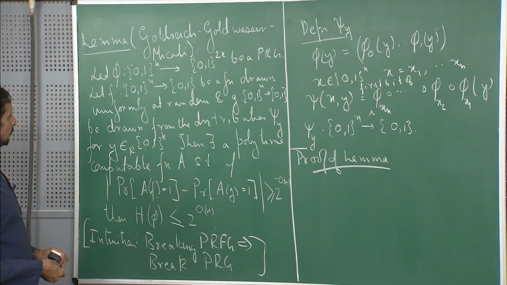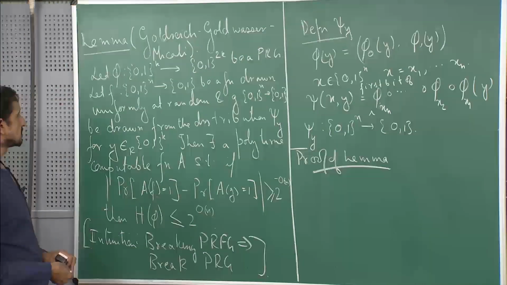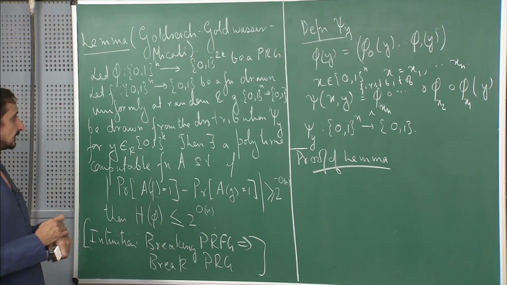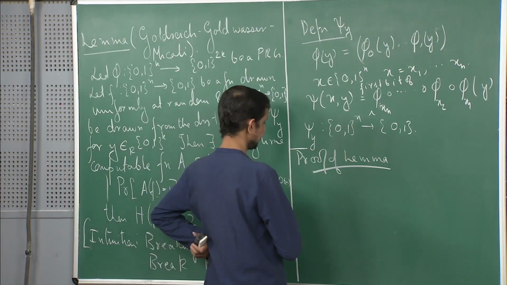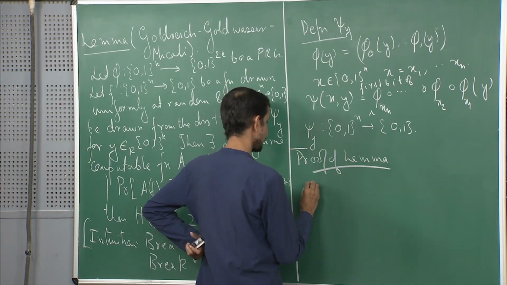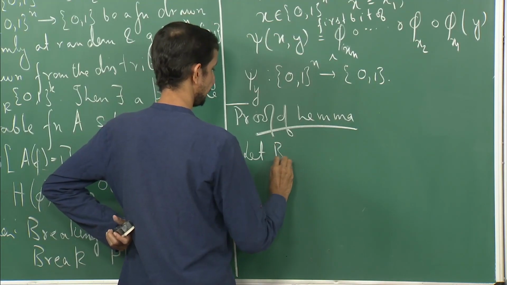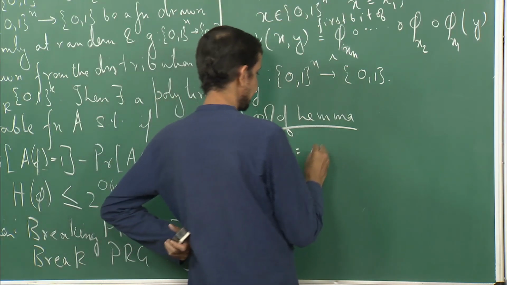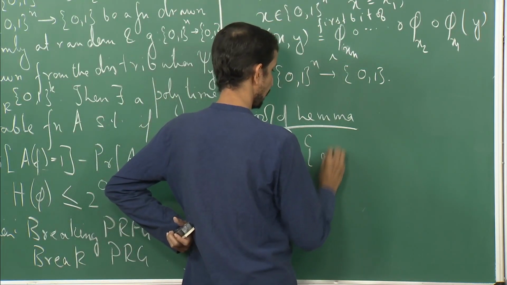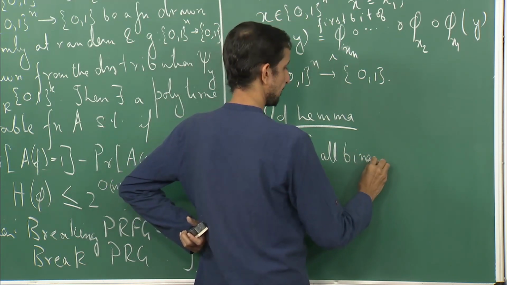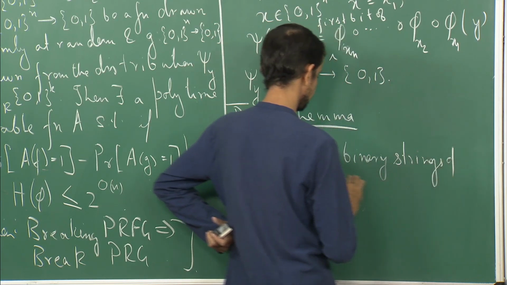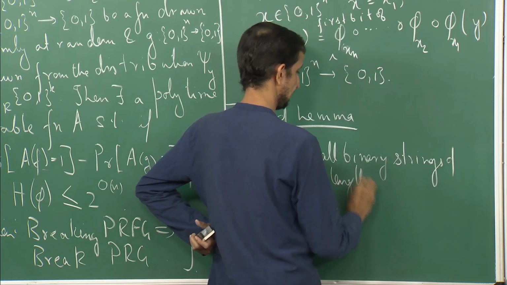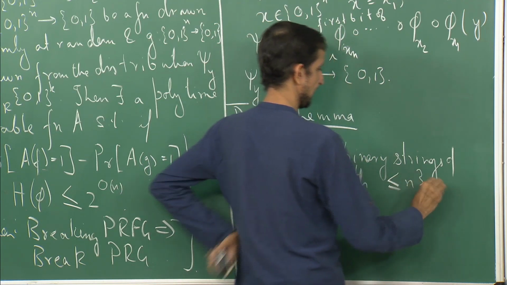So first we will construct a tree. Let B of n be the set of all binary strings of length at most n.